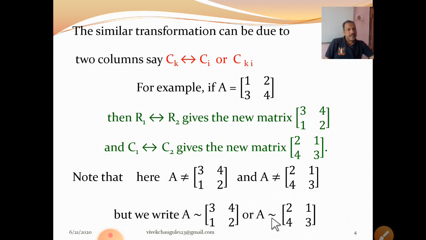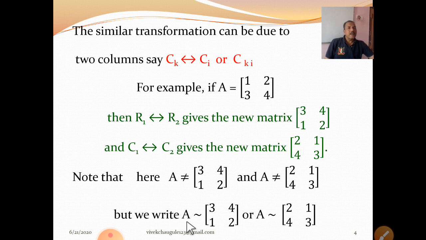We write A equivalent, not equal to, because for equal matrices, in 11th standard we have seen that two matrices are said to be equal if the order is the same and corresponding elements are equal. That is, the first row first column element in the original matrix and new matrix are the same, then the matrices are said to be equal.